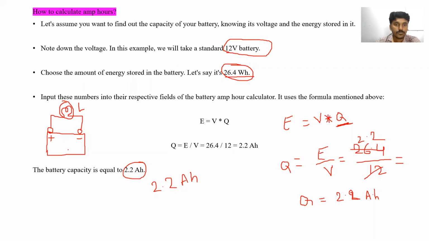Clear? So if we have written 2.2 ampere hours, the capacity of the battery is 2.2 ampere hours. What does it mean? Can anybody tell, please?